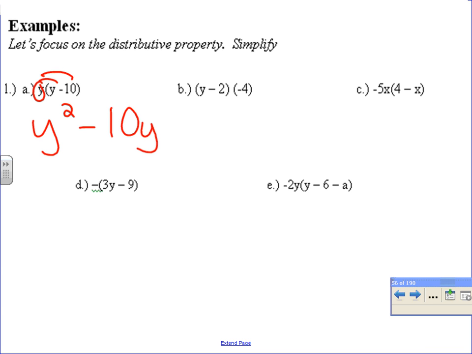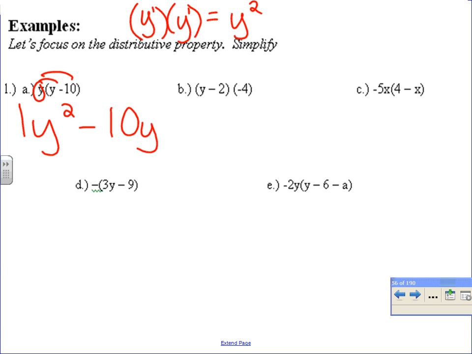Yeah, you could put 1. 1y squared. Okay. So y times y is really y to the first times y to the first. When you're multiplying and it's the same letter, you add exponents. Because y times y is not y.